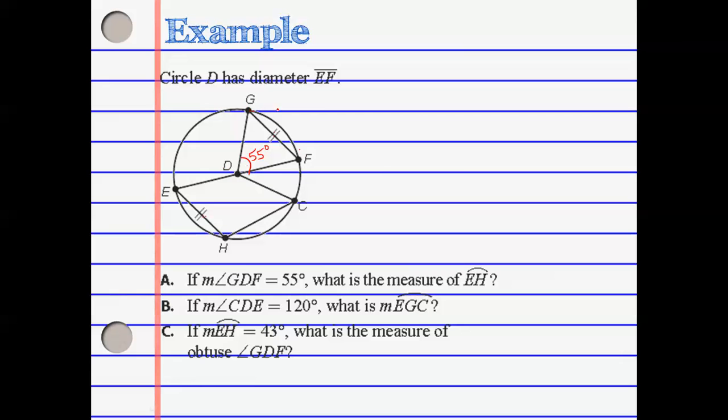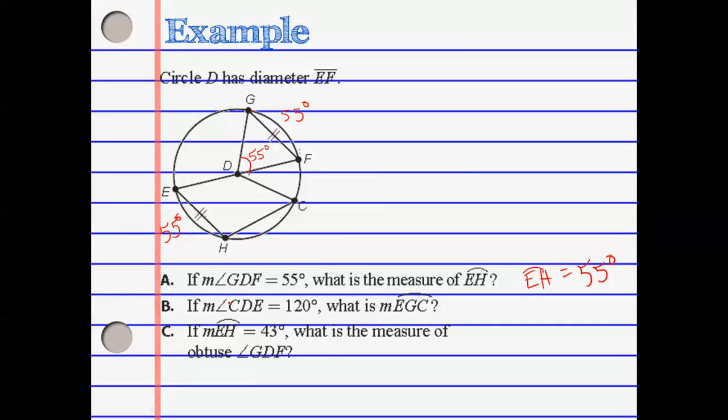That tells us that these two arcs are congruent. Remember our chords and arcs theorem earlier? So that means that arc GF is congruent to arc EH. Since this is 55 degrees, we know that GF is 55 degrees, so we know that EH is 55 degrees. So arc EH, the degree measure, is 55 degrees.